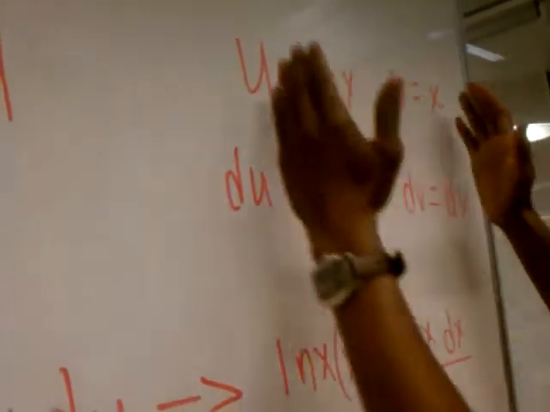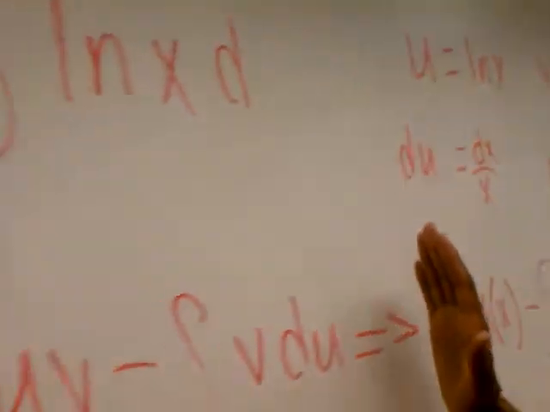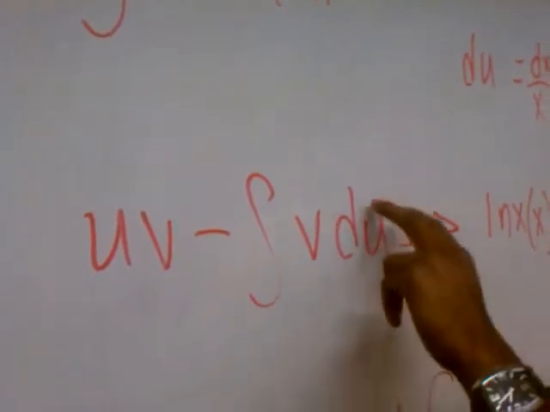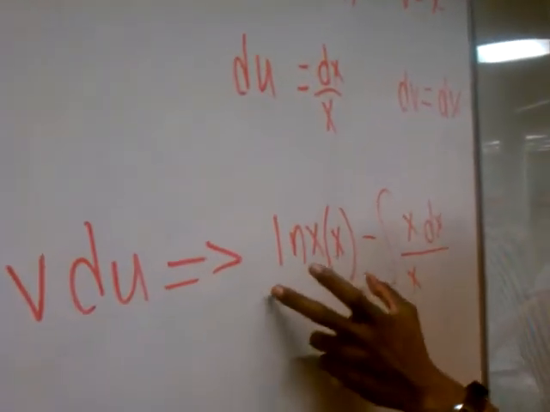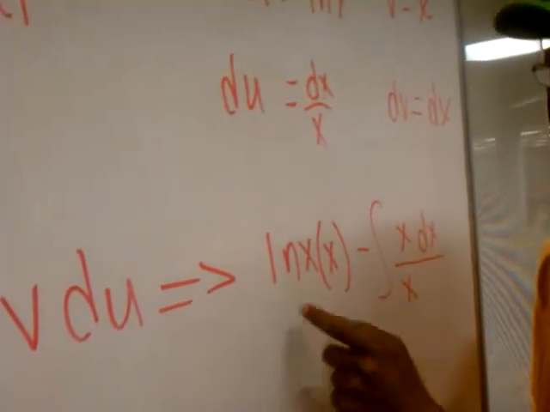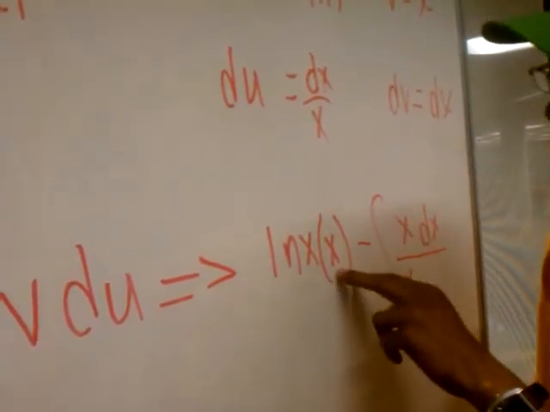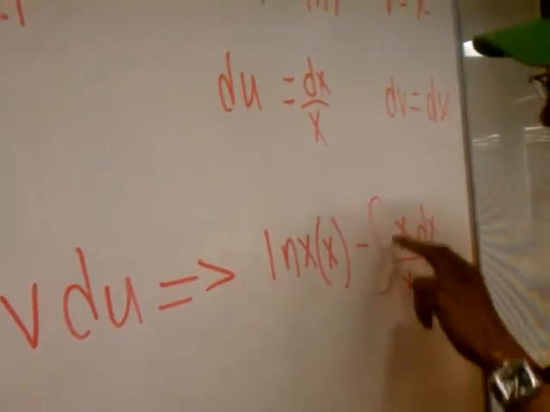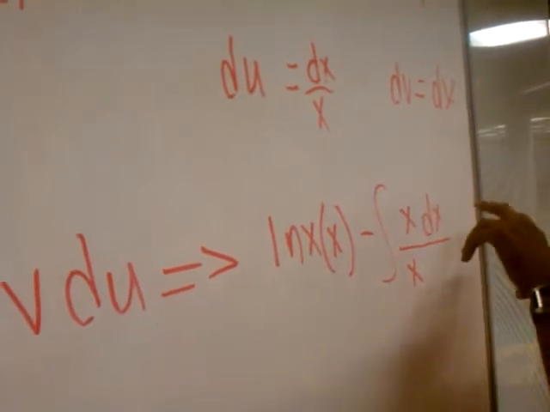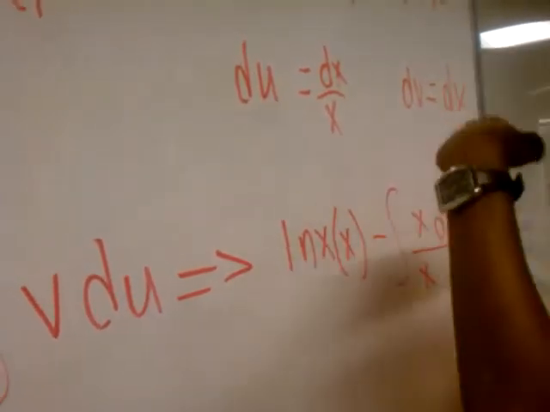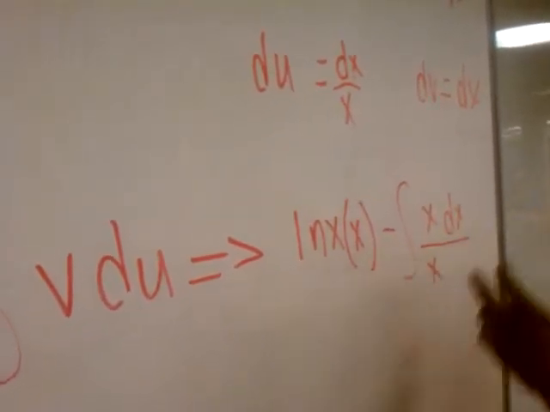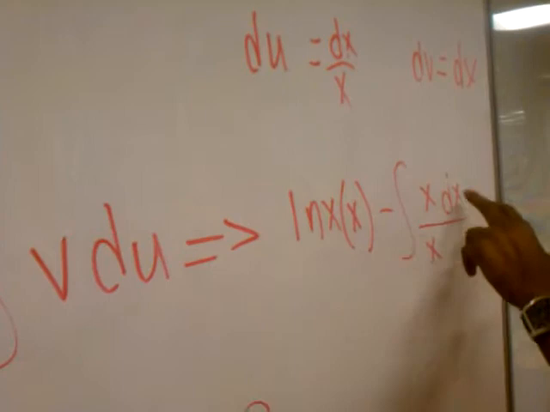And so I take this information and I put it into this formula here, uv minus the antiderivative of v du. From this, my final outcome will be ln of x times x minus the antiderivative of 1 over x times x, and then I take the antiderivative of that with respect to x, so I have my dx here.